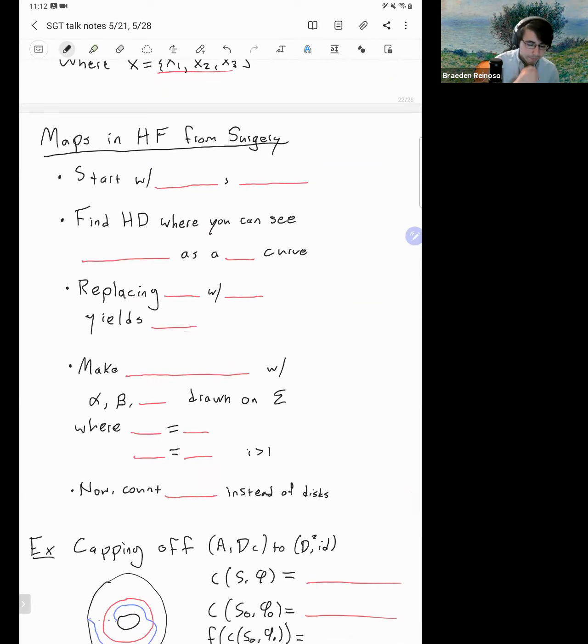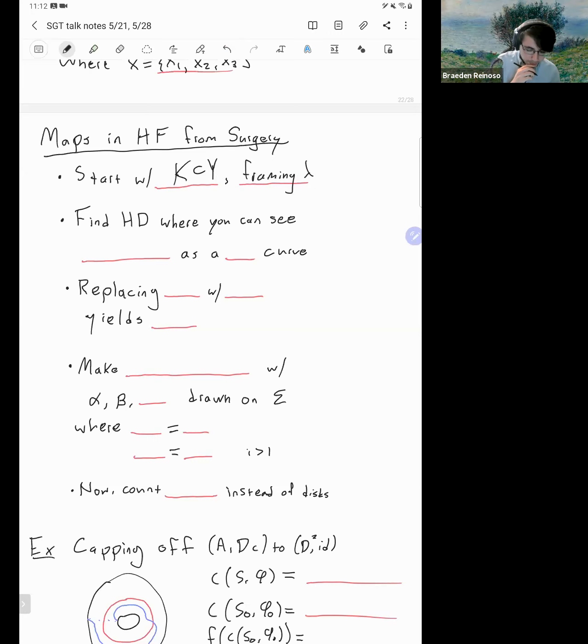So how do you do it? Well, if you start with some knot in, say, your ambient manifold, say Y, and then you also start with a framing lambda of that knot, you want to find some Heegaard diagram where you can kind of see K on it.